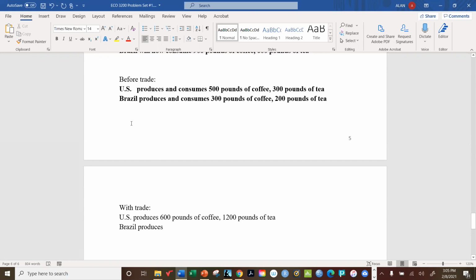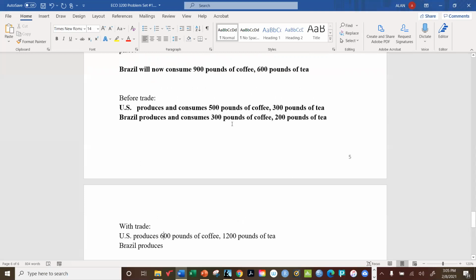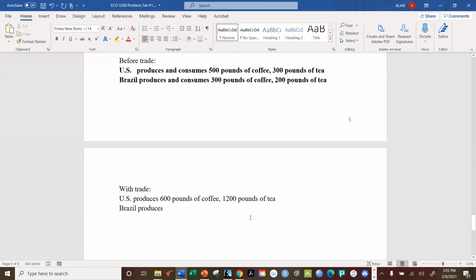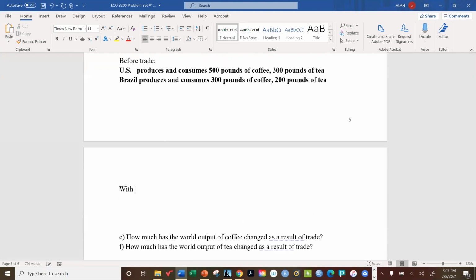Actually, for this part, I want to split it up. The U.S. is specializing in tea. So, all right, I'll tell you what, let me do this a little bit differently. I want to be able to compare what I want side by side. So let's do this. With trade, let's try it this way.